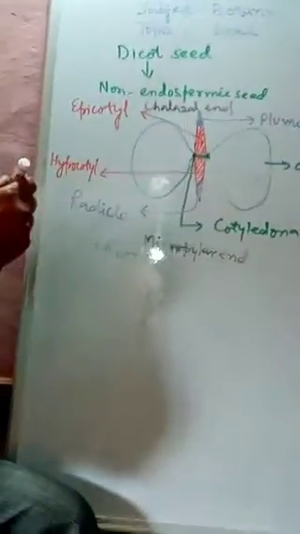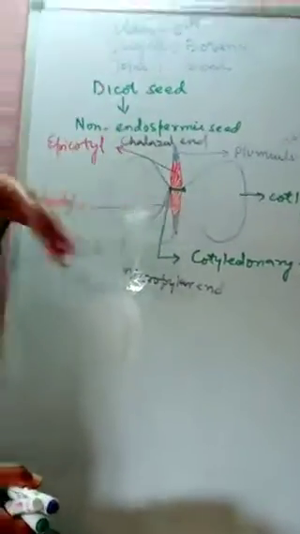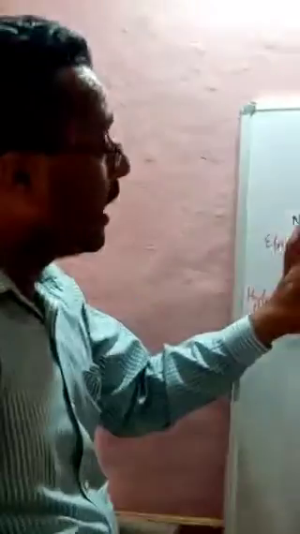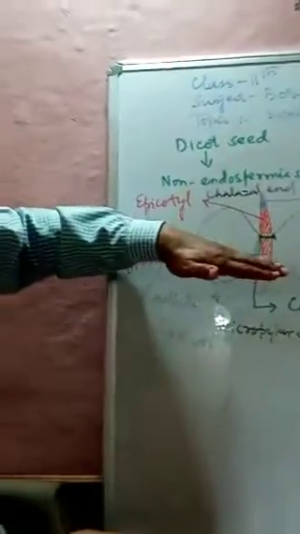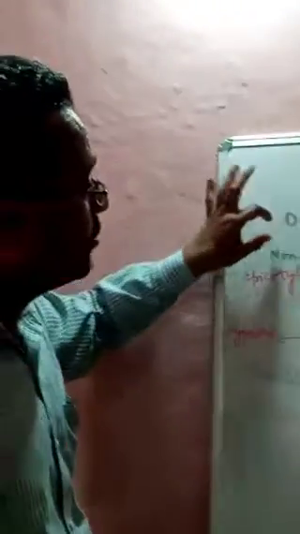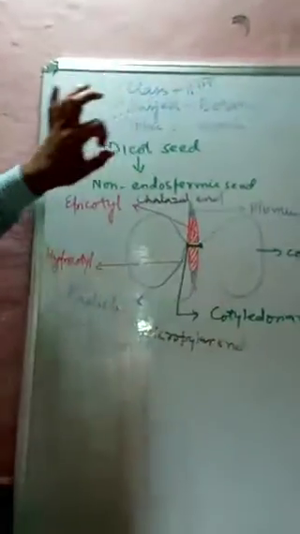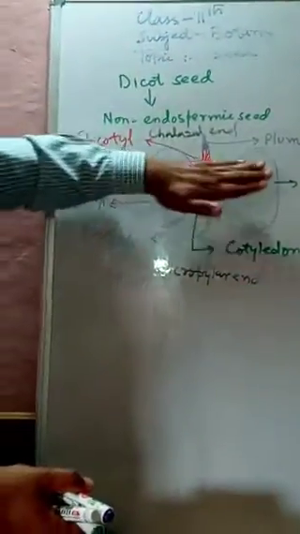So this is the diagram, internal structure. When we remove both these layers, that is the testa and this tegmen, we will find the structure of this type. In case of the dicot seed, that is the non-endospermic seed, वहां पर हम ये structure देख सकते हैं.